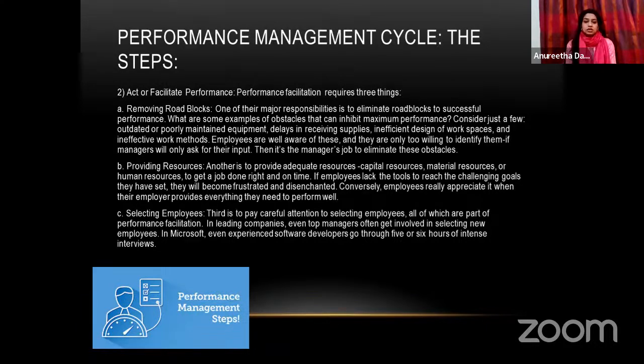Managers need to understand what should be considered and what should be removed. Supplies should not be delayed, and you should not have insufficient designing of workspace. These are the things you have to do to act or facilitate your performance. Next is providing resources.